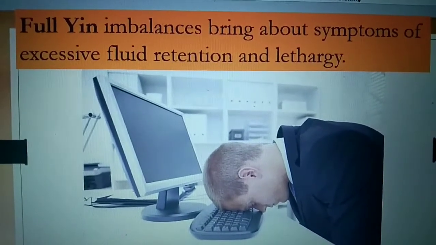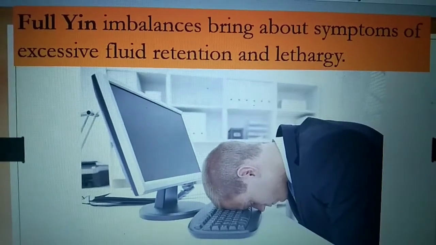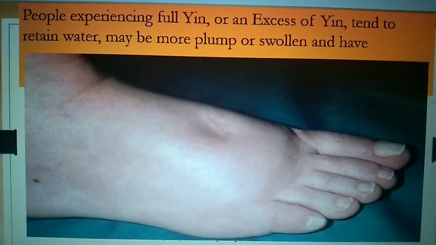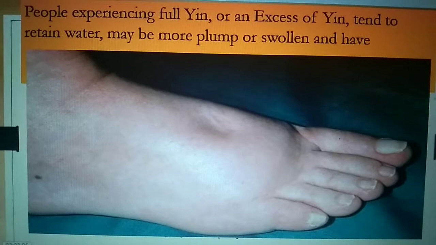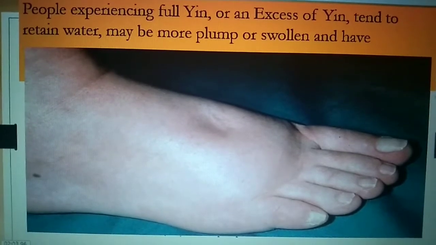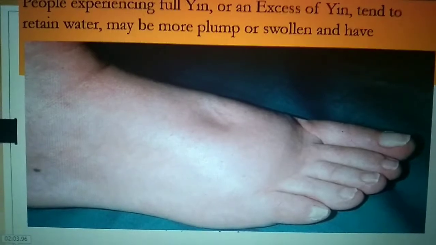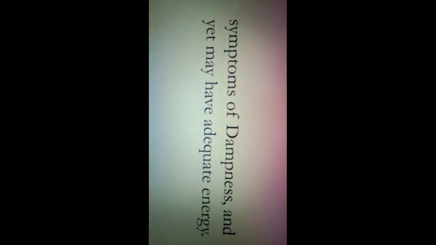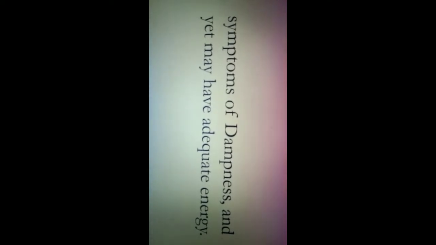Full yin imbalances bring about symptoms of excessive fluid, retention, and lethargy. People experiencing full yin or an excess of yin tend to retain water, may be more plump or swollen, with symptoms of dampness, and yet may have adequate energy.